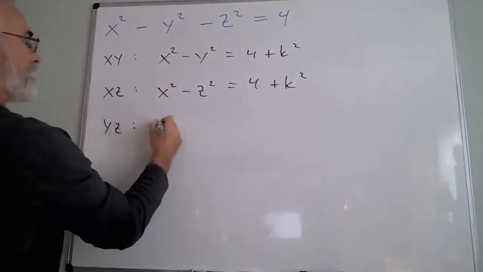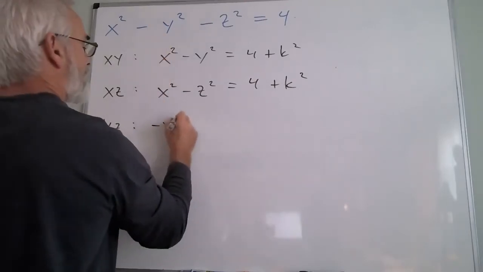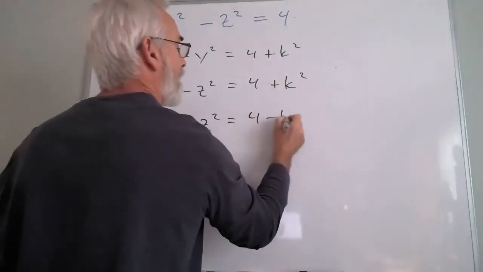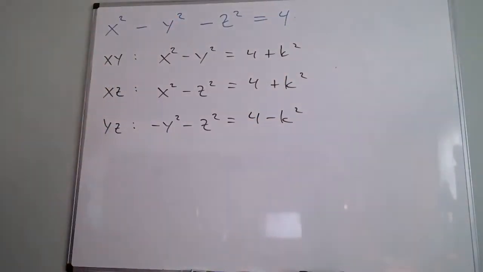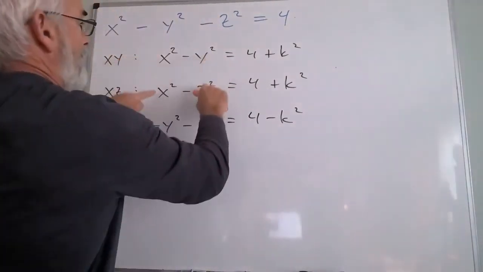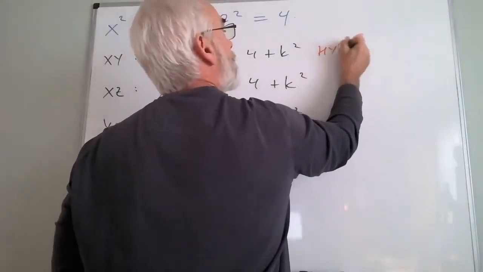And finally, yz, I'd have negative y squared minus z squared equals 4 minus k squared. Great. So let's identify what each of these are. Both of these clearly are hyperbolas because they're differences of squares.